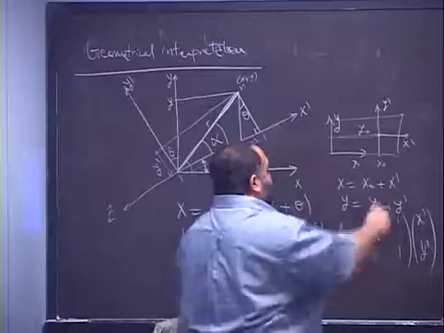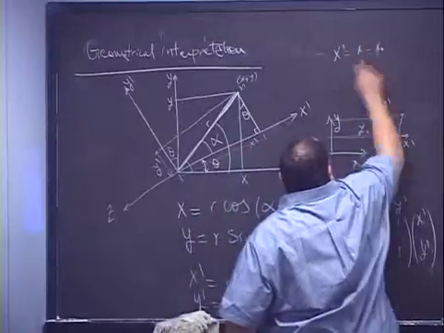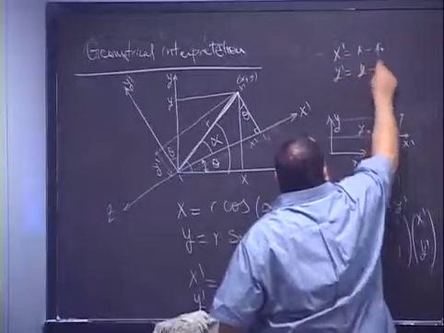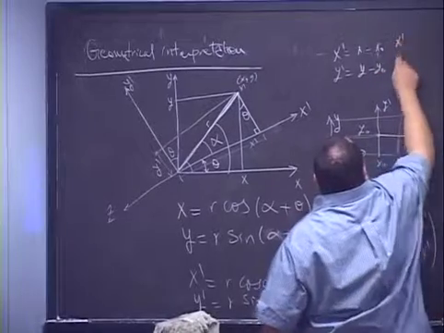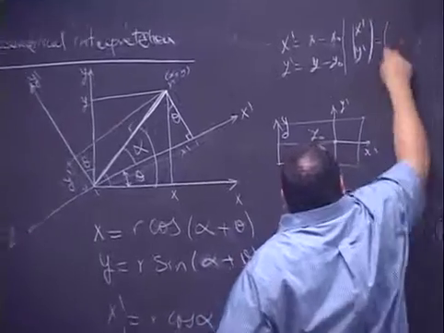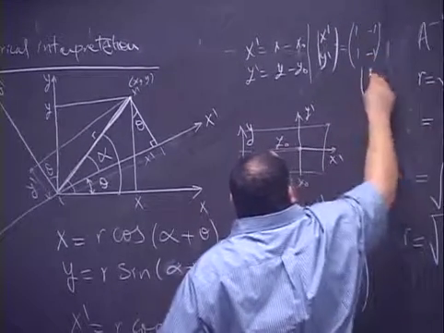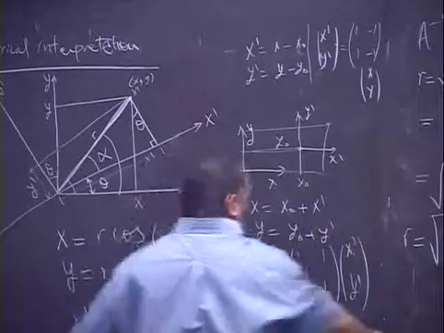Just figure out if this new matrix is orthogonal or not. So x' is x minus x₀, and y' is y minus y₀. So I can write (x', y') equal to the matrix times (x, y). Yes, go ahead.